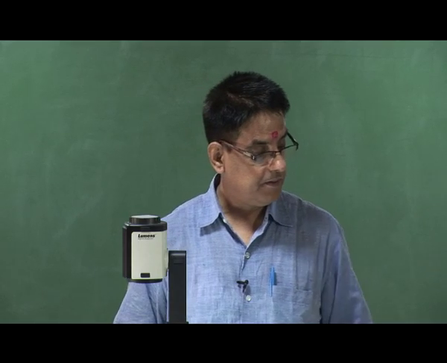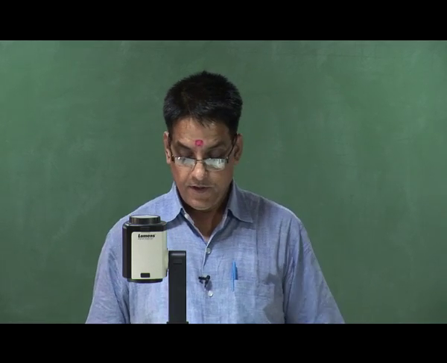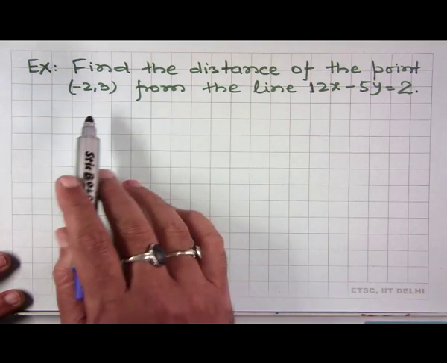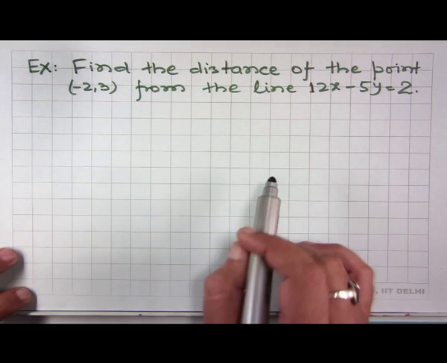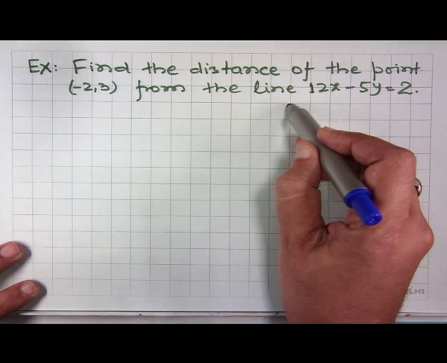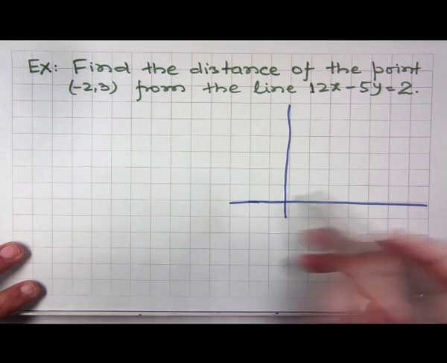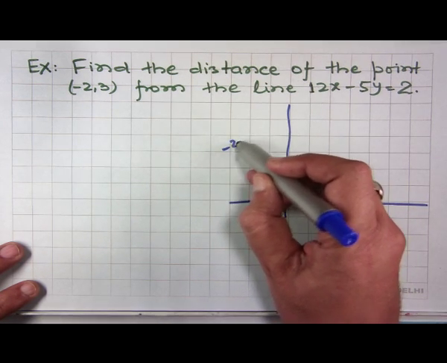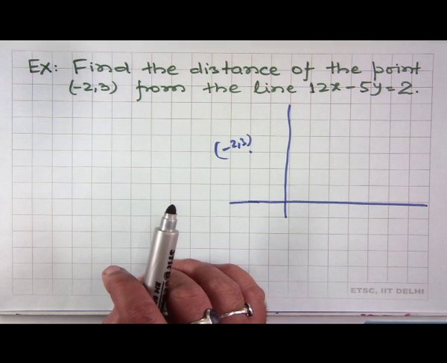Now, let us take some examples based on these two concepts. Find the distance of the point minus 2, 3 from the line 12x minus 5y equal to 2. So, this is the point minus 2, 3, and the line 12x minus 5y equal to 2.